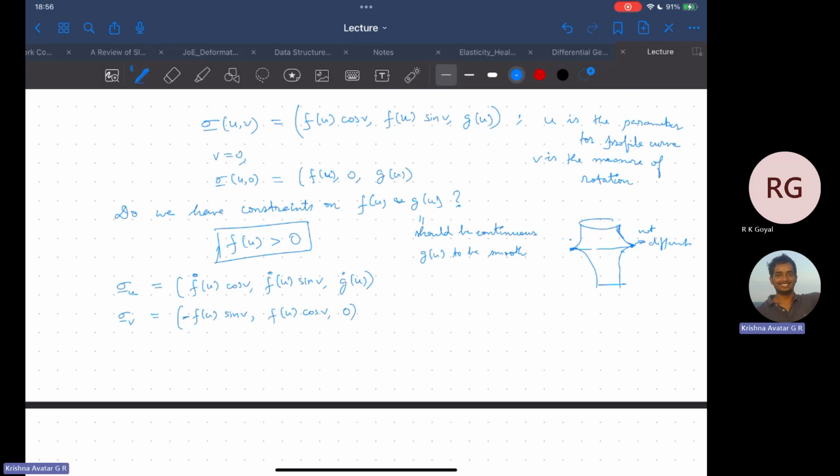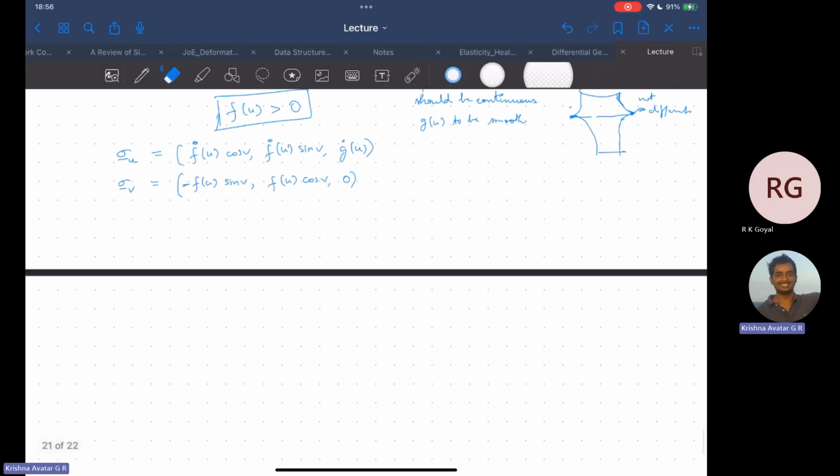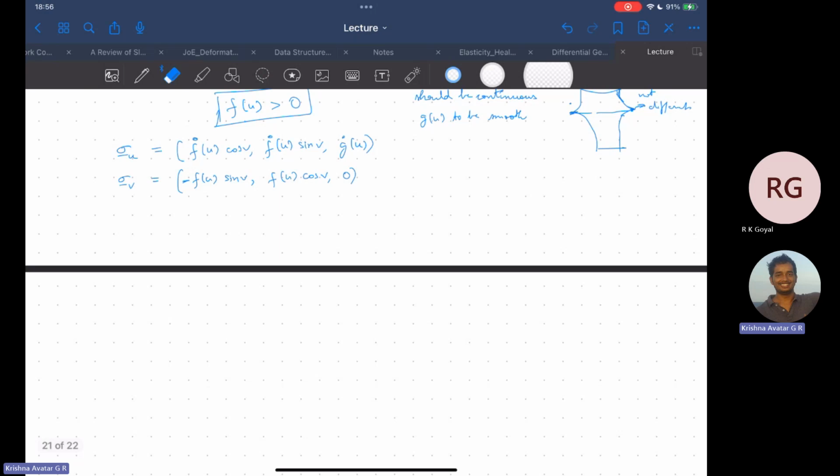And since in this case we even have the representation of the vector in component form, we can even do our cross product in component form. So sigma u cross sigma v is, let's just call E1, E2, and E3 the basis vectors.